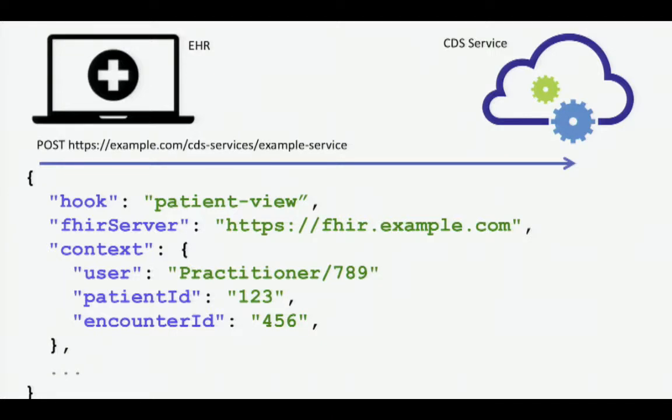And we'll have different values that are required or optional. So in the case of opening a patient's chart, the two required values here are user and patient, and optionally an encounter. For a medication prescribe hook, we actually have the same three values here, but then there's an additional required context field of what is the medication that the user is trying to prescribe.